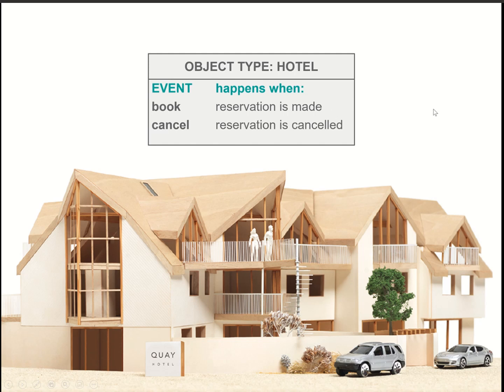So they will have a function there which handles this event. Booking, okay, cancellation, okay. We need to handle them in a legal way, whether it's legally allowed or not. So there's a script there to handle this one.